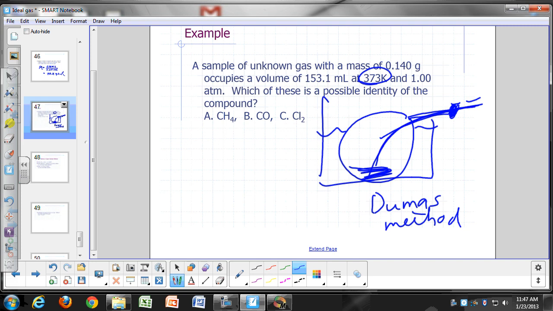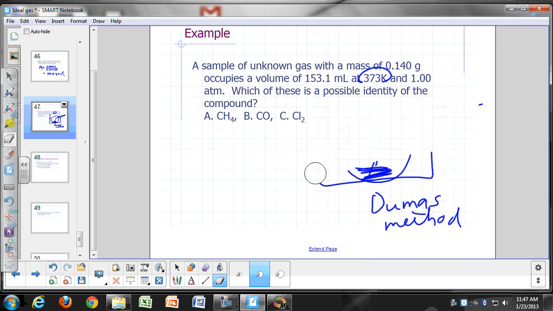Then you weigh that bulb, and you make corrections for the weight of the bulb before you did this experiment. You have a way to find the mass of the gas that's trapped in there. So this is the Dumas method, or the vapor density method, for molar mass determination.